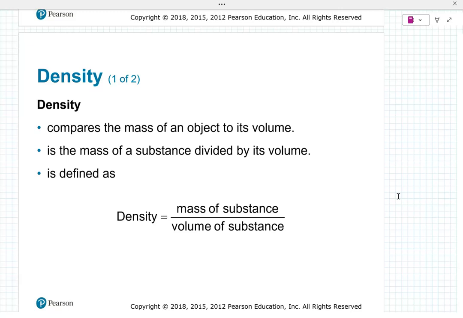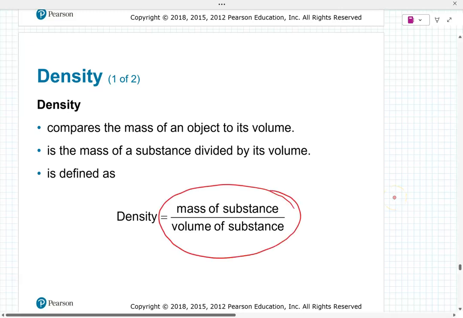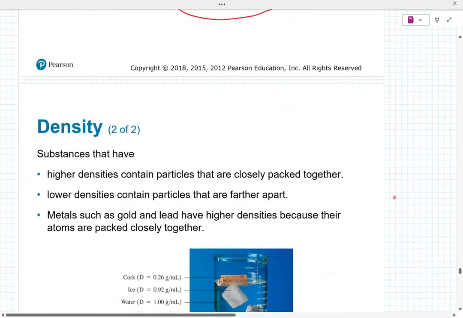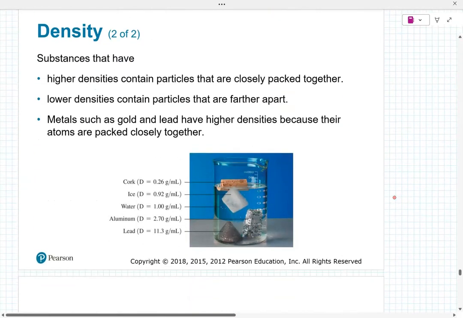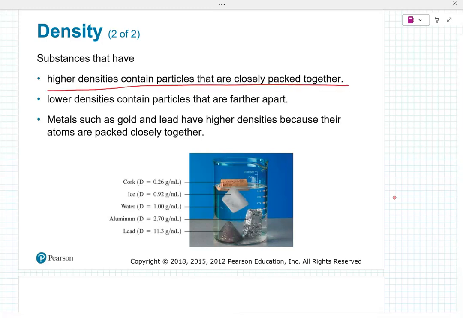Mass in the volume. We talked about it. Okay? So with higher densities, particles are very close together. With lower densities, particles are farther apart.